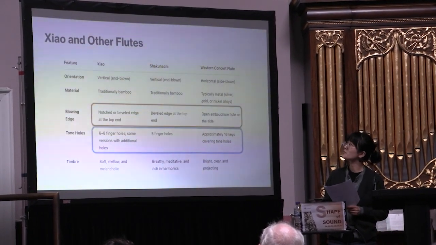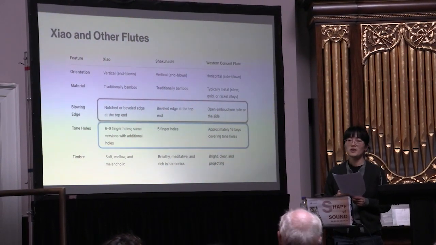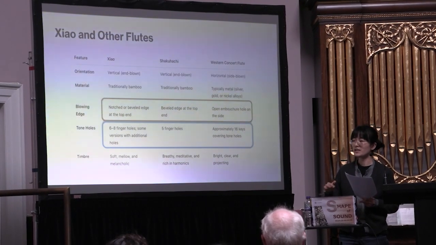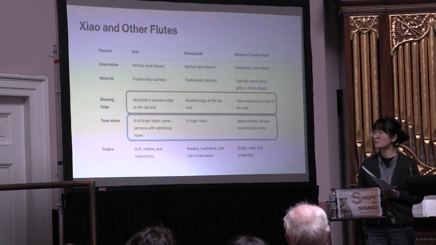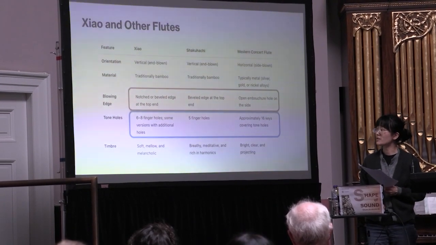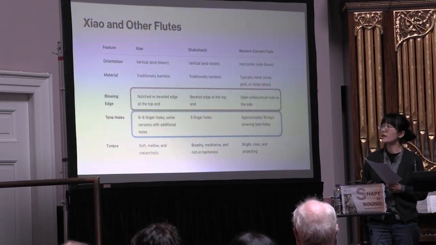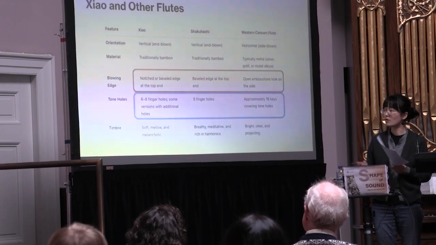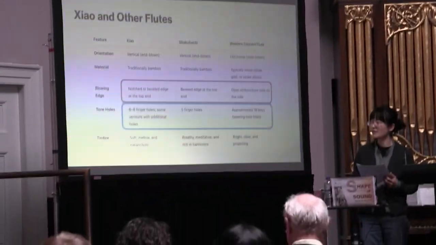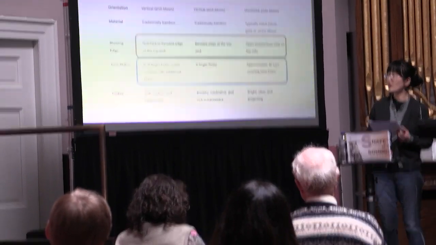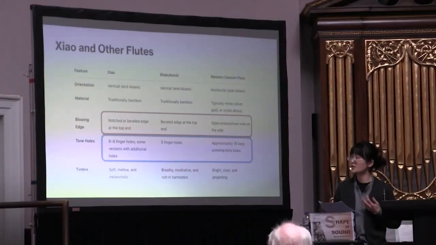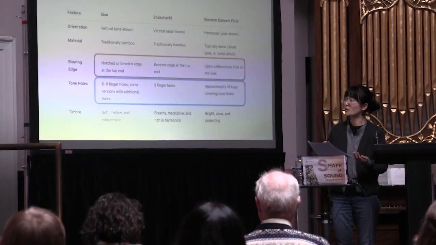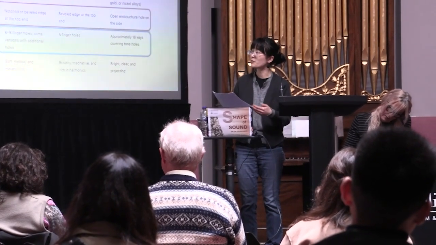And the tone holes, Western flutes have a wide range of key pads to be able to play several octaves. Well, the shakuhachi has 5 finger holes, and the shell has a little bit more, but it's still very confined. So how do shakuhachi and shell play different pitches given so few tone holes?